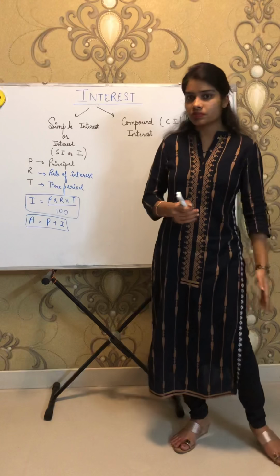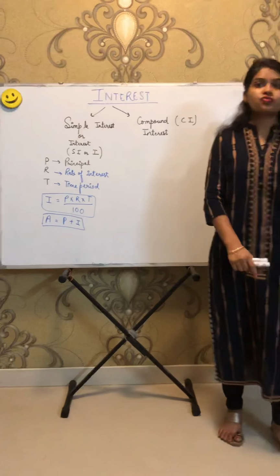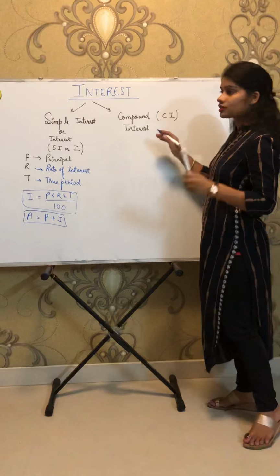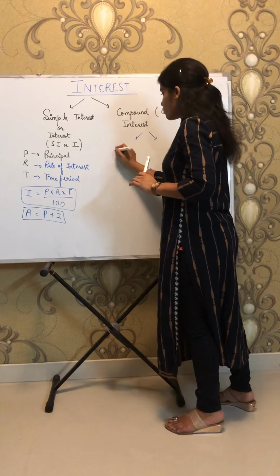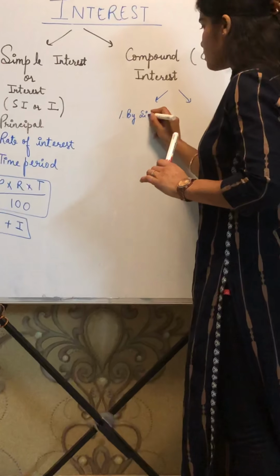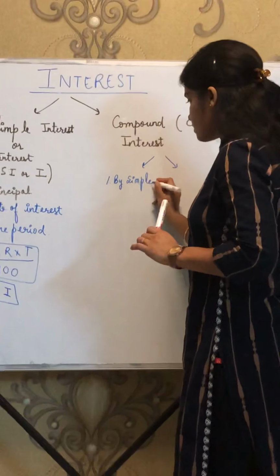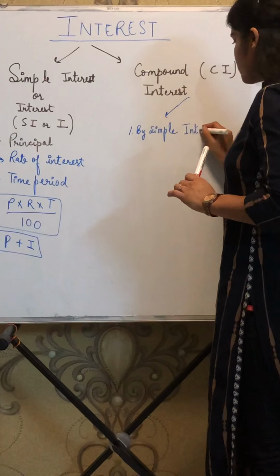See, if we increase the principal, interest will also increase. So first, actually there are two methods of finding compound interest. First method is by the simple interest method.